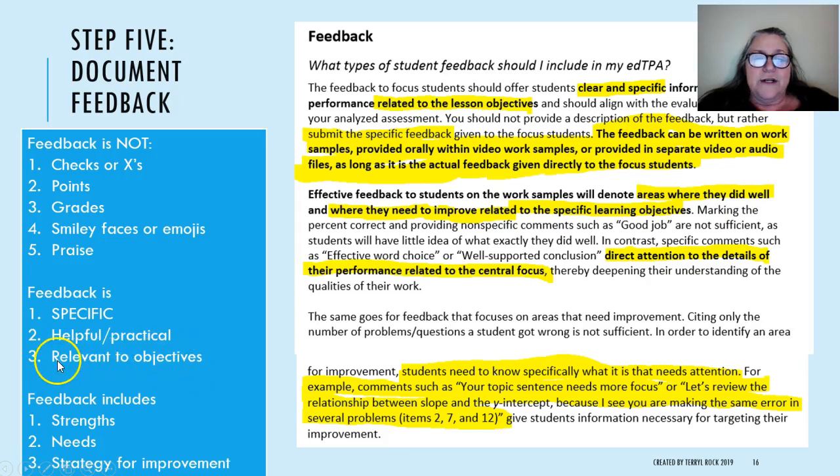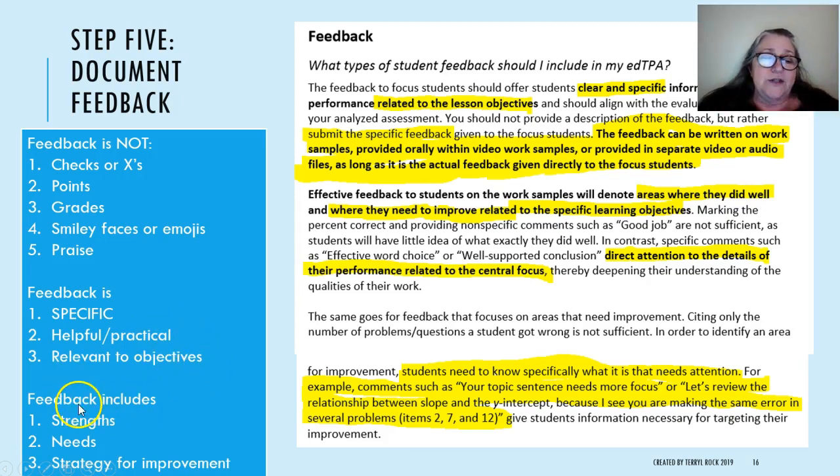So you need to actually make your feedback about you, so you can say things like, I can see from looking at your assignment that you're still struggling with place value. And you can give them some advice about what they can do to help them solve their problem.